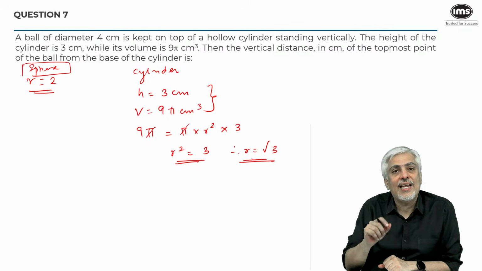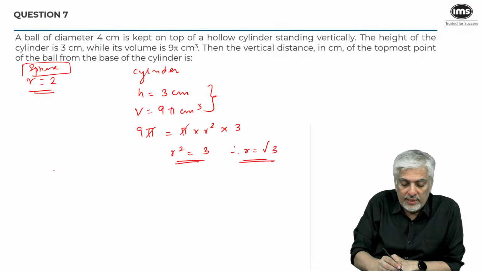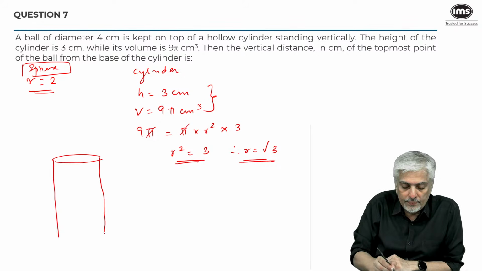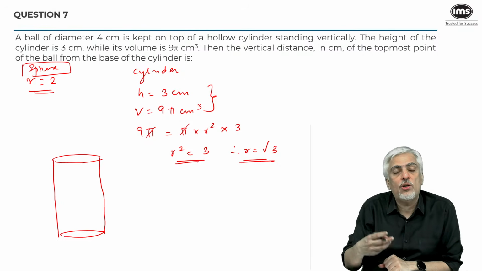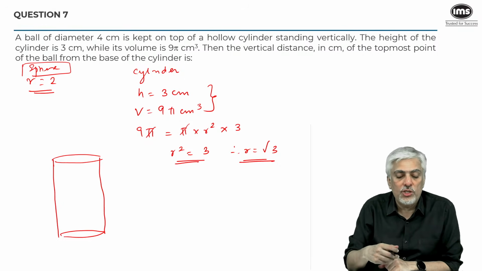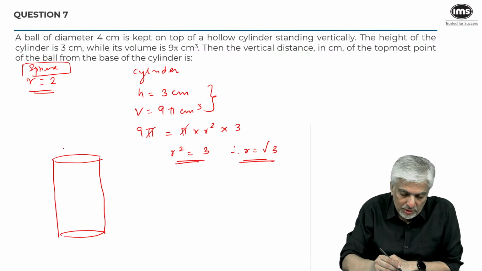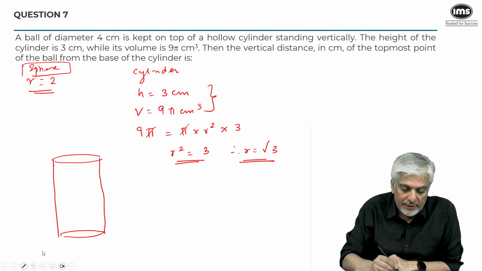Right, now let's get the diagram in place. So the radius is root 3, on which we are going to keep a ball of radius 2. But still some part of the ball will definitely go into the cylinder.